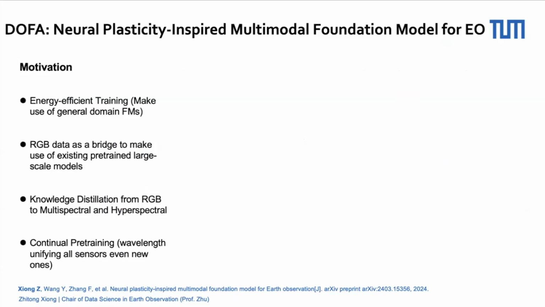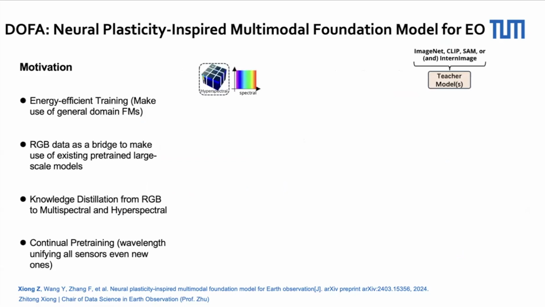And another thing we need to consider is energy efficiency. As I just said, we are combining so many different data sources into a very big dataset. It could be very computationally expensive to train such a foundation model for like 100 epochs. So we would like to make use of the resources from the community.